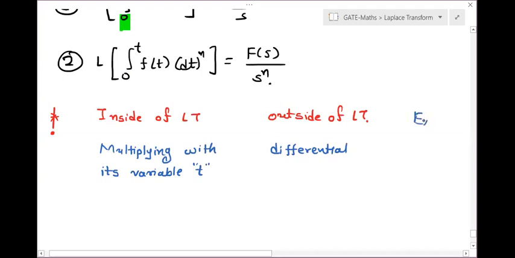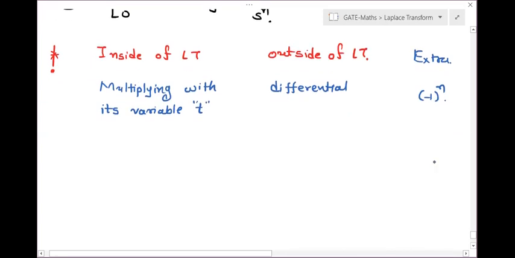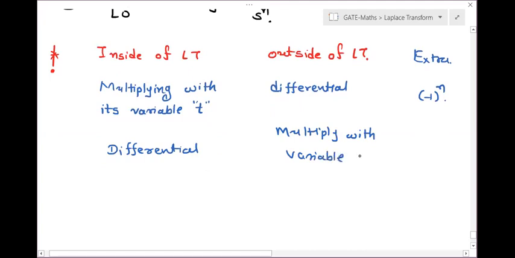And what is extra over here? Extra is minus 1 to the power n. If you are taking the differential inside, then you have to multiply with the variable s. What is extra over here? The whole series is extra: minus s to the power n minus 1 f of 0, it begins from here and ends with f to the power n minus 1 at 0.